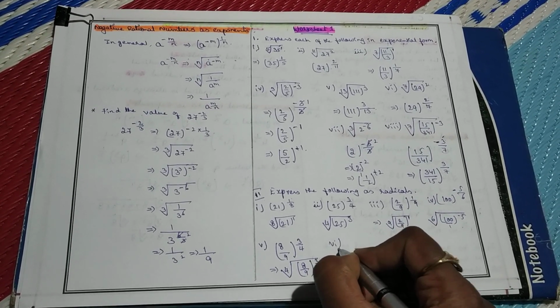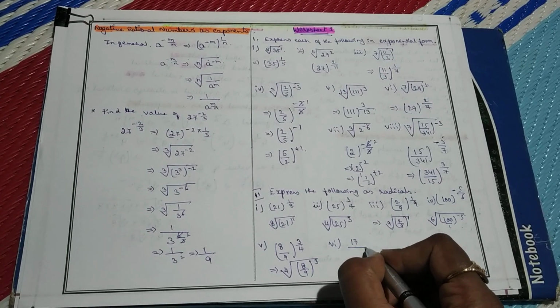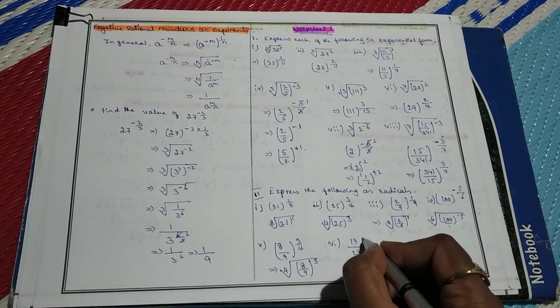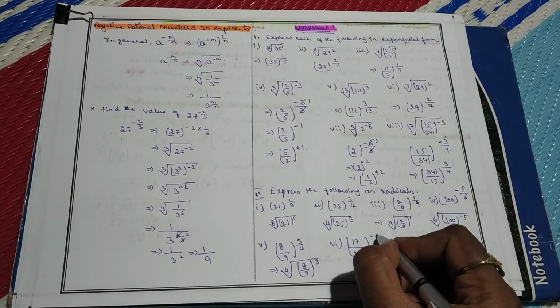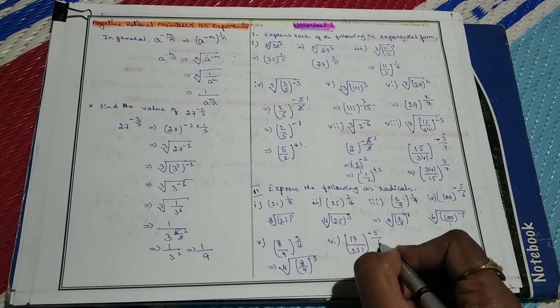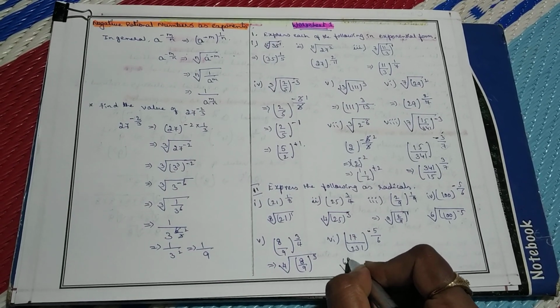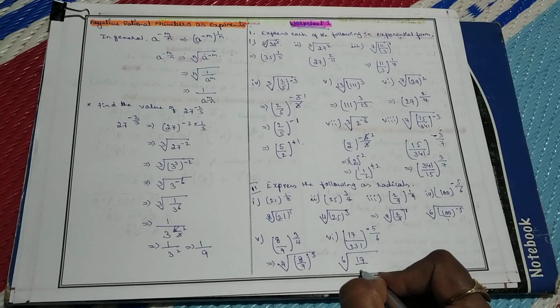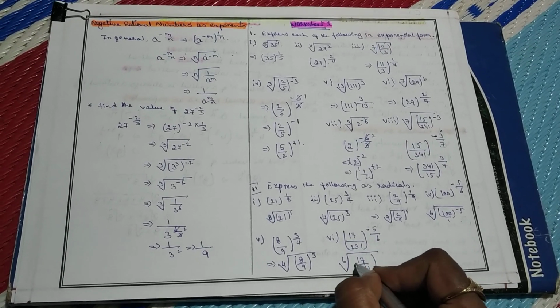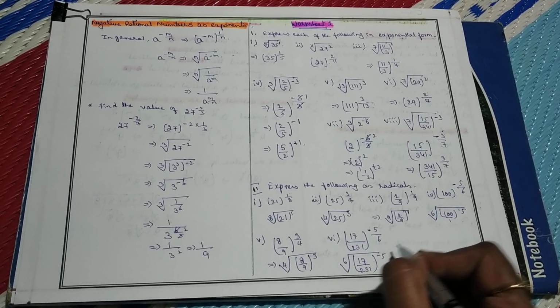Then 6th one, 17 by 231 whole to the power of minus 5 by 6. Then I can write it as 6th root of 17 by 231 whole to the power of minus 5.